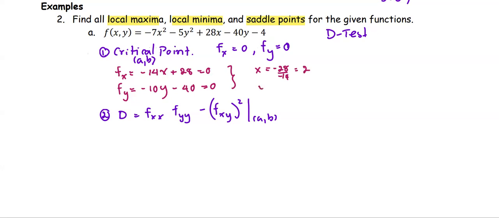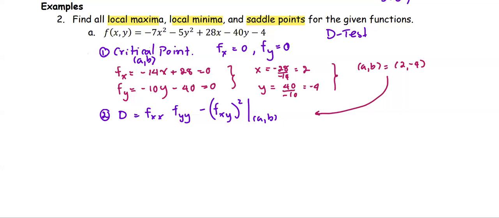The second equation involves just y, so we have y equals 40 divided by negative 10, or negative 4. Therefore, the critical point is located at the point (a, b) equals (2, -4). Then we're going to use it for the second part of the process to find the quantity D.